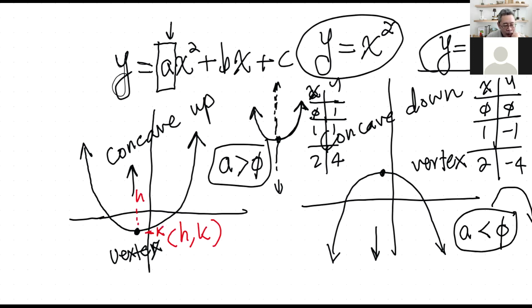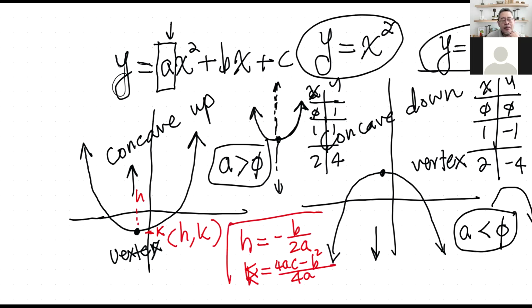And we have a formula for that. h equals minus b over 2a. And k equals 4ac minus b squared over 4a. So that's our vertex formula. Good.